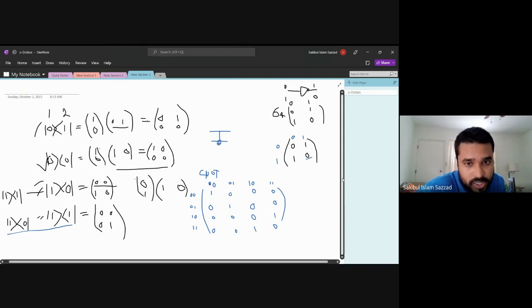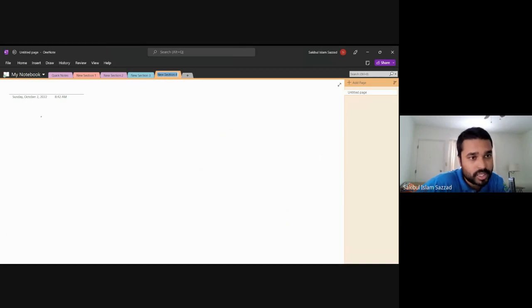So this is for the CNOT gate, and so far we did the Pauli X gate. Now I will ask you to write the matrix for the Pauli Z gate. It looks like this. So this is the Pauli Z gate.